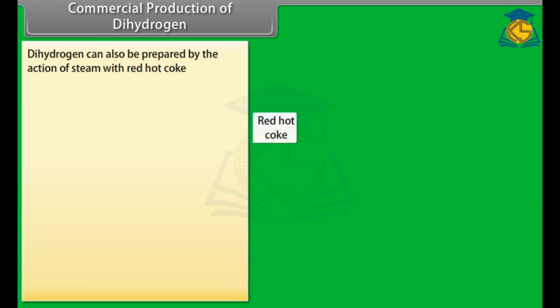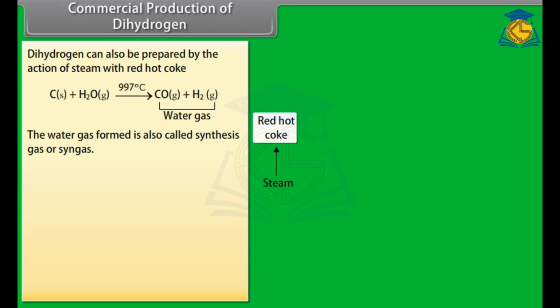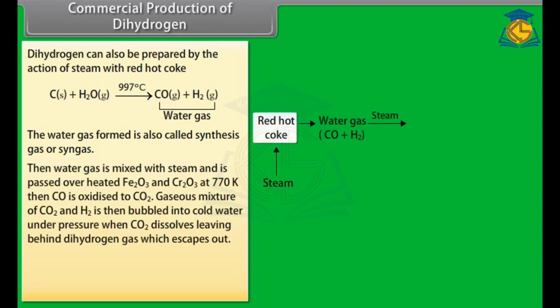Commercial production of dihydrogen. Dihydrogen can be prepared by the action of steam with red-hot coke. The water gas formed is also called synthesis gas or syngas. Then water gas is mixed with steam and is passed over heated Fe2O3 and Cr2O3 at 770 Kelvin.